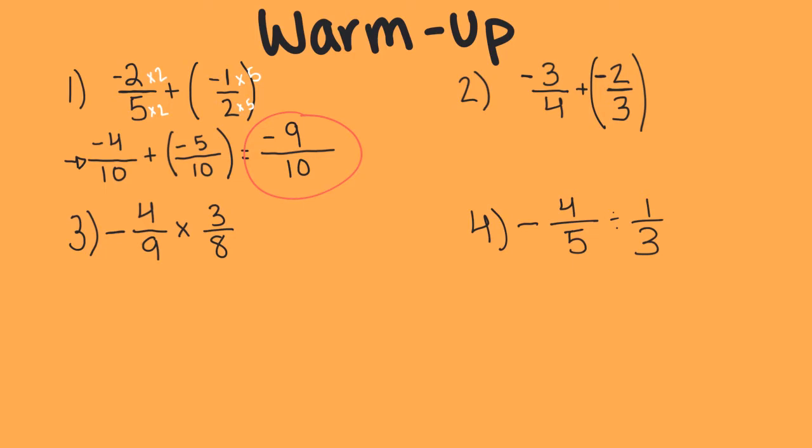All right, now that we are adding in our fraction, we know that we need to make our denominators the same. To get them the same, we need to find the lowest value that both of these numbers go into, and that is 12. So I know that 4 times 3 gives me 12, and 3 times 4 gives me 12. What I do to the bottom, I have to do to the top.